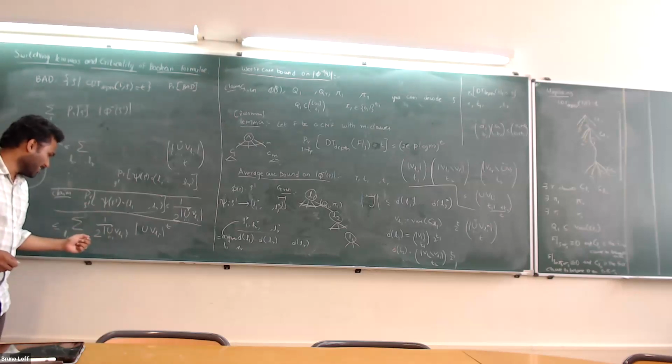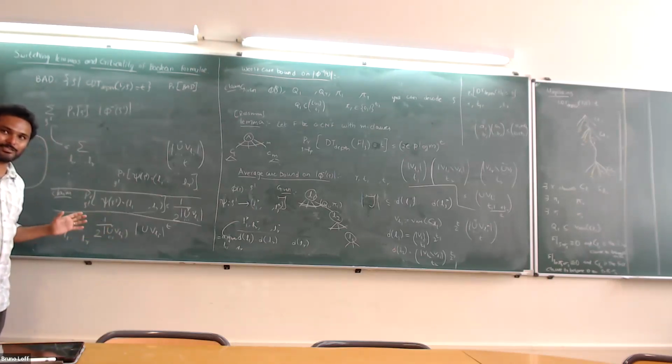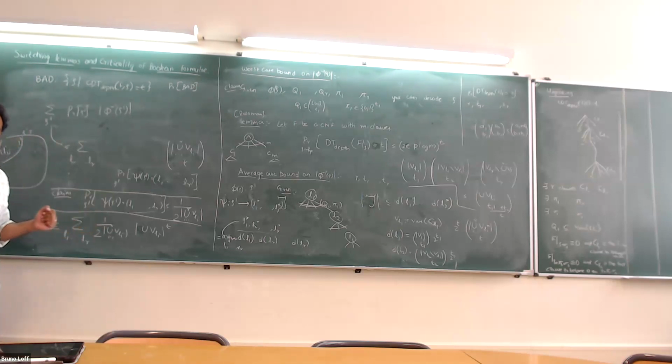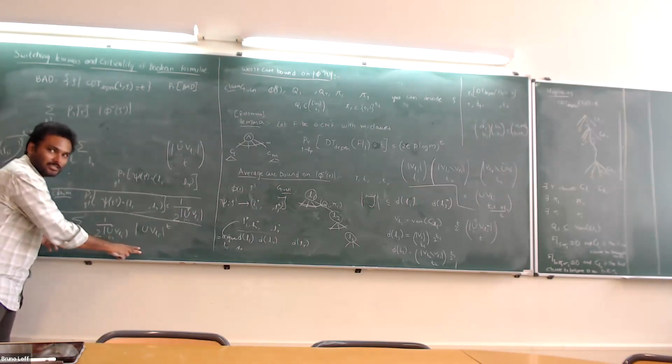This is minus p log p, summation of minus p_i log p_i. Okay, now we are left with bounding this guy.